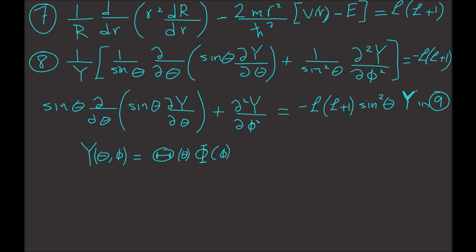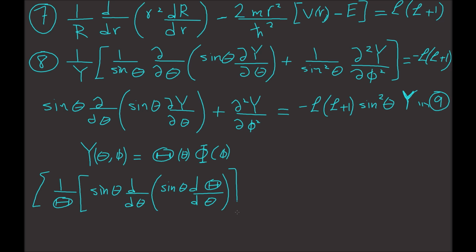So when we do this, we get 1 divided by Theta, this is the function, times sine of theta d d theta of sine of theta d Theta d theta, plus L times L plus 1 times sine squared of theta.